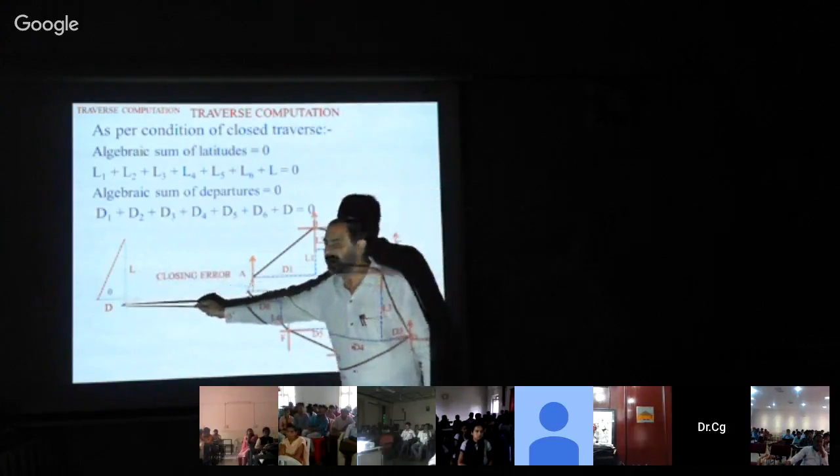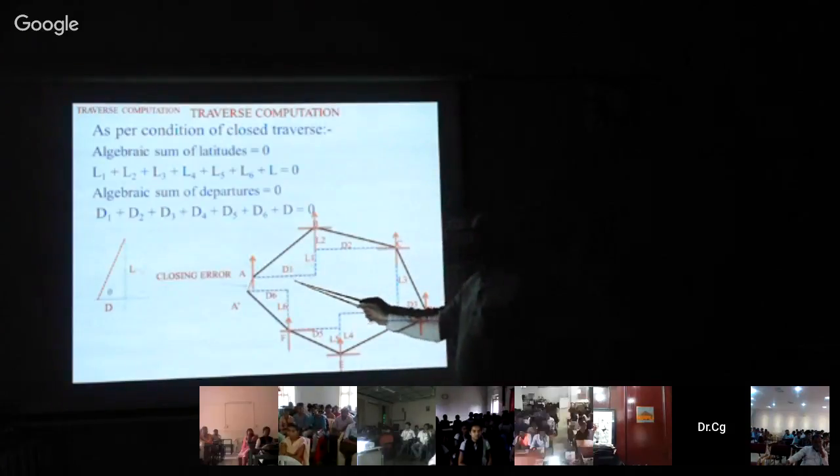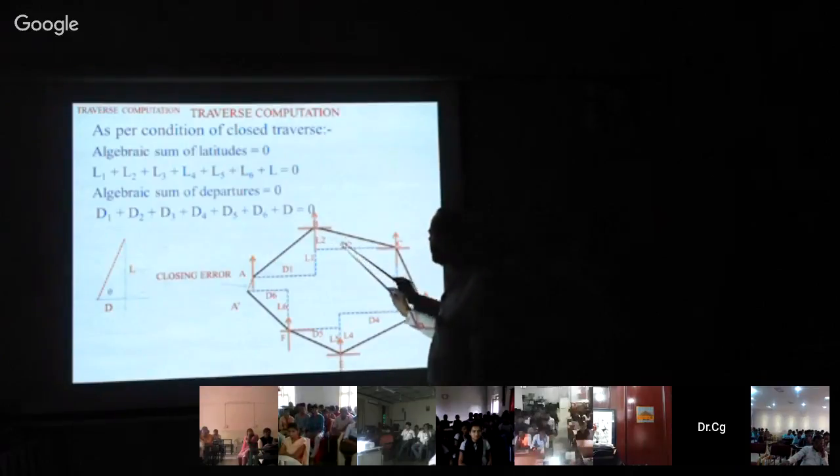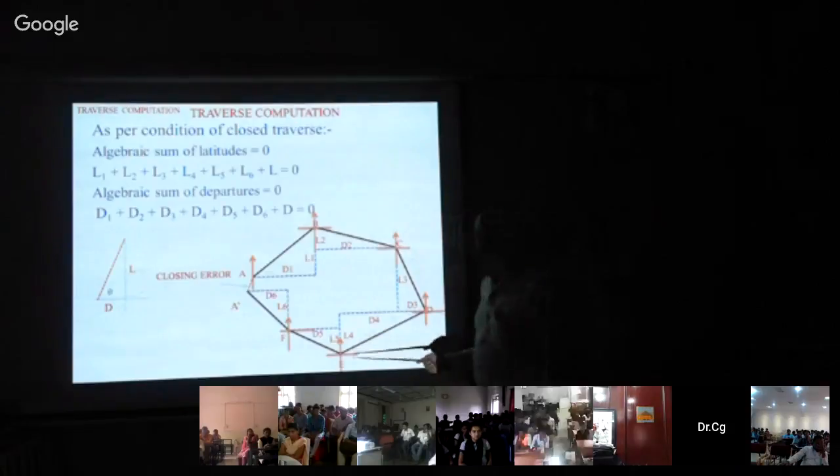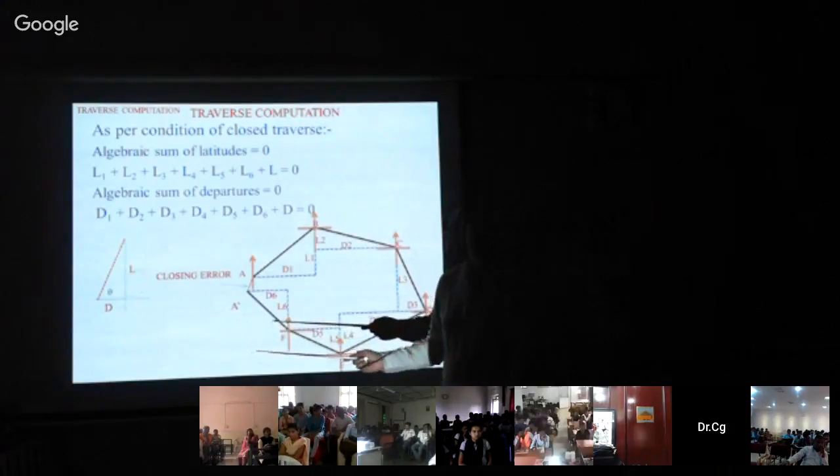Now see, after calculating the latitude and departure of the line AB, of the line BC, of the line CD, of the line DE, calculate the latitude and departure of all the lines and substitute here.